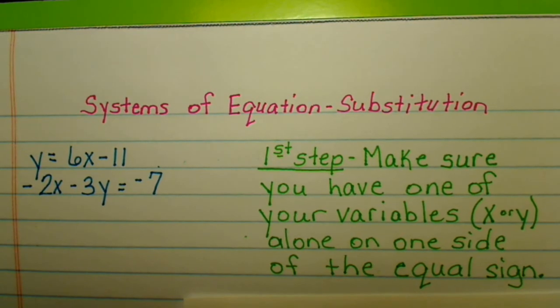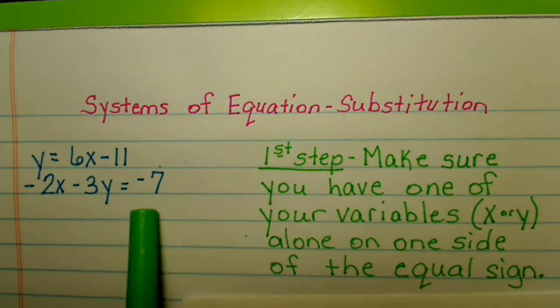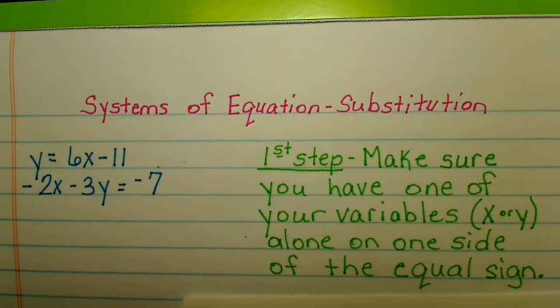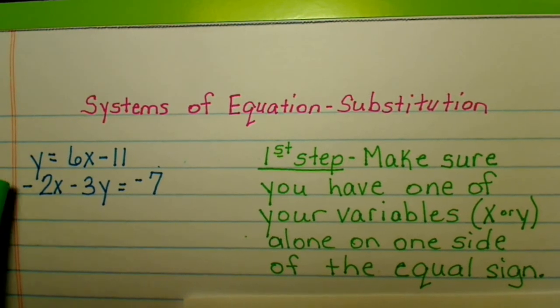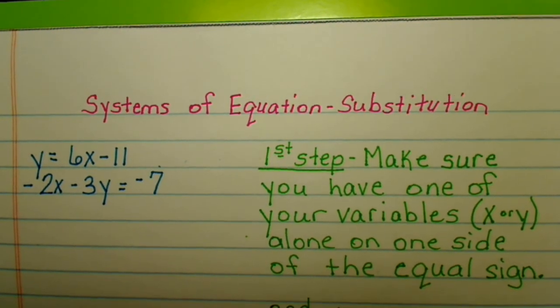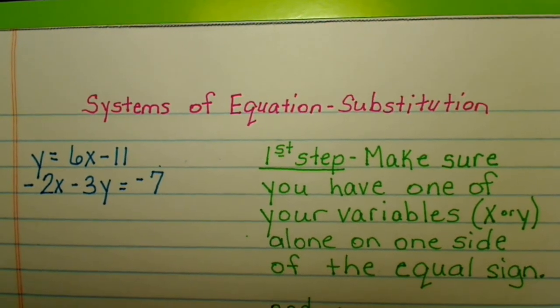You want to isolate one of your variables, and it could be the x or the y, and it can be in either equation. When I look over here, do I have one that has the x or the y alone on one side of the equal sign? Yes, I do, up here. So what does that mean? Well, then we go to step 2.